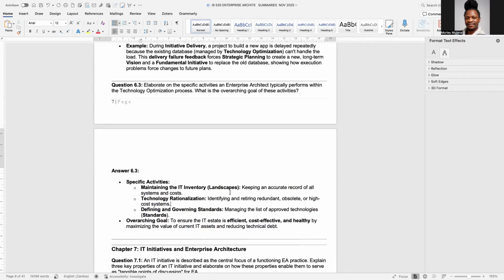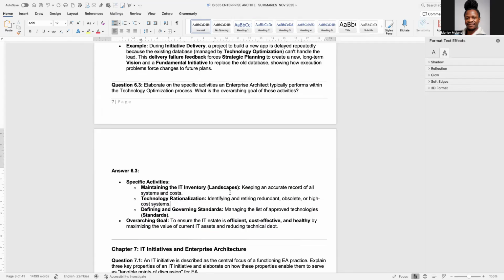Other apps could be too old, or maybe they are high cost maintenance, and the goal is to retire these systems. So the architect is really involved in rationalizing the technology, ensuring that the IT investments realize business value by not having redundant systems, siloed systems, or old systems, or high cost systems.